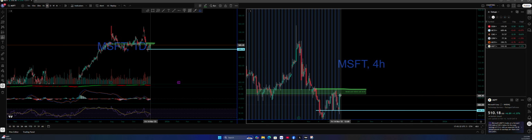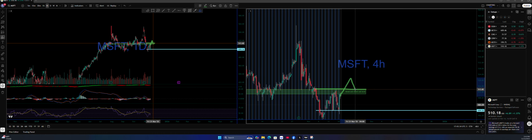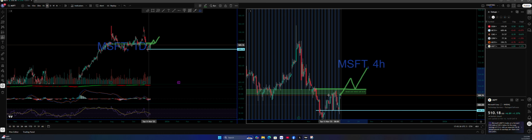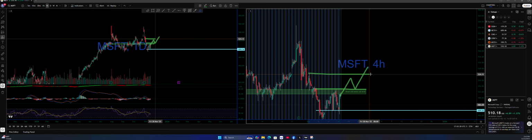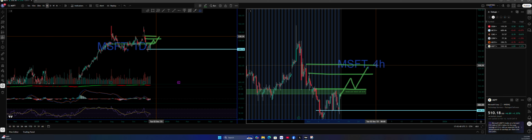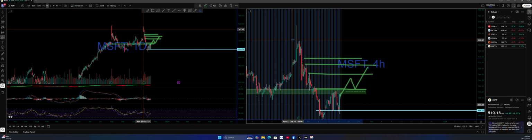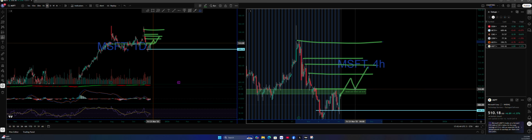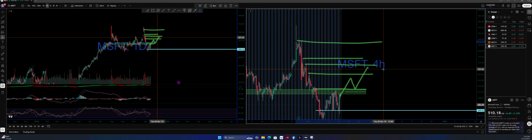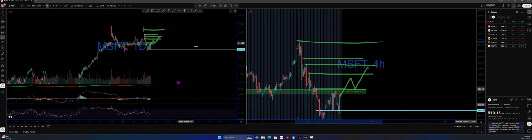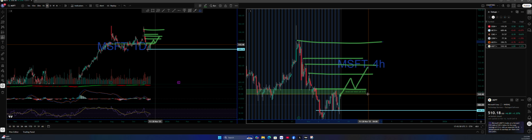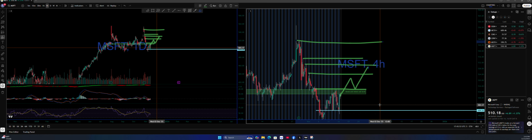If we can push out of this retest, I will take it higher, targeting highs, highs, highs, maybe even up here. Depends on how many contracts I get, which probably won't be a lot. So those are the setups. That's what I'm watching. Just chart these as best as you can, and Monday morning we'll see what we're given.